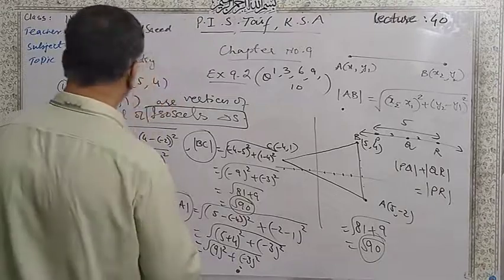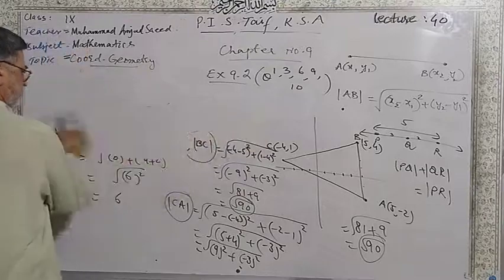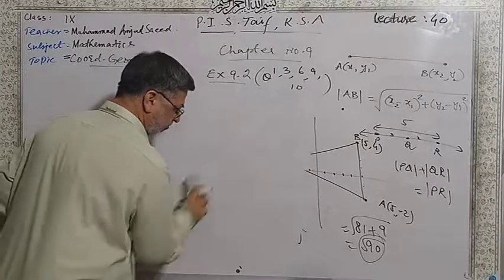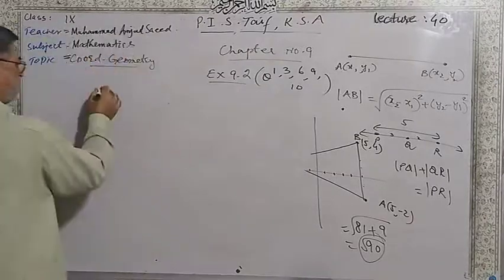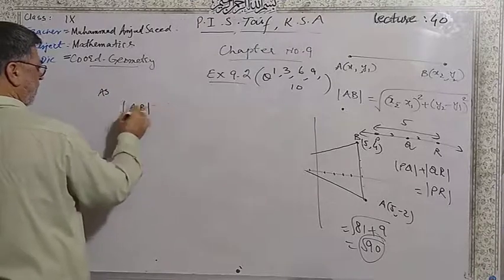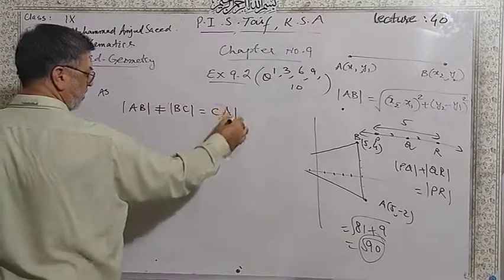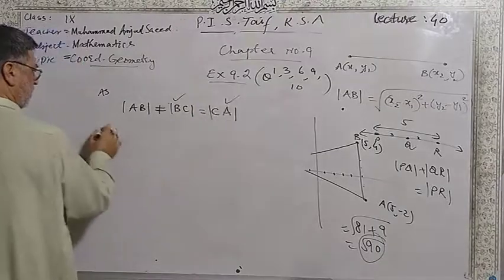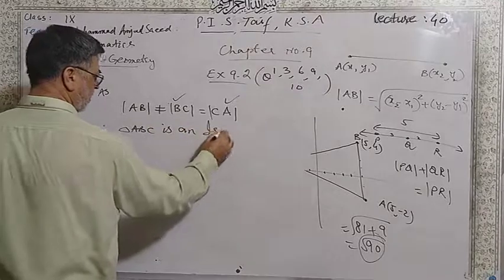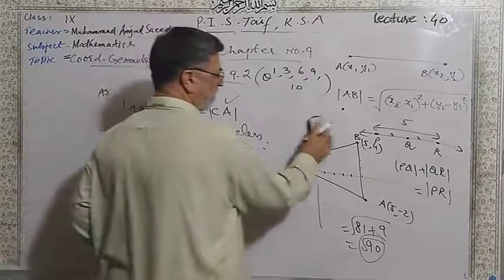Hence, isosceles triangle is your answer. |AB| is not equal to |BC|, which is equal to |CA|. Two sides are equal, therefore triangle ABC is an isosceles triangle. This is your conclusion.